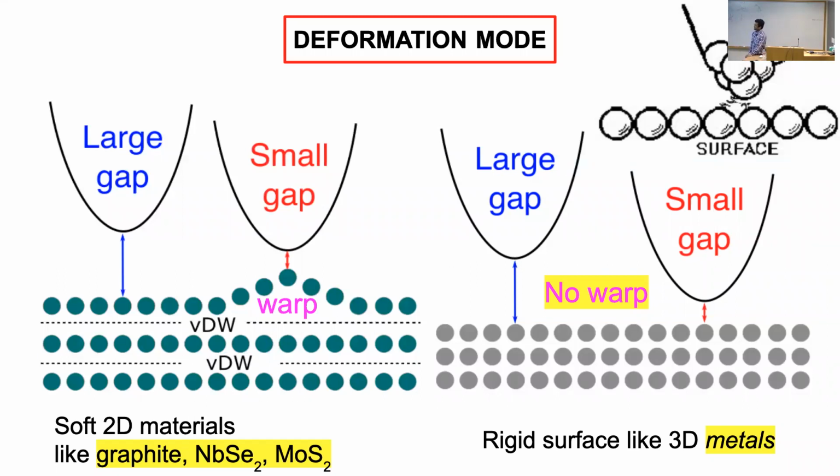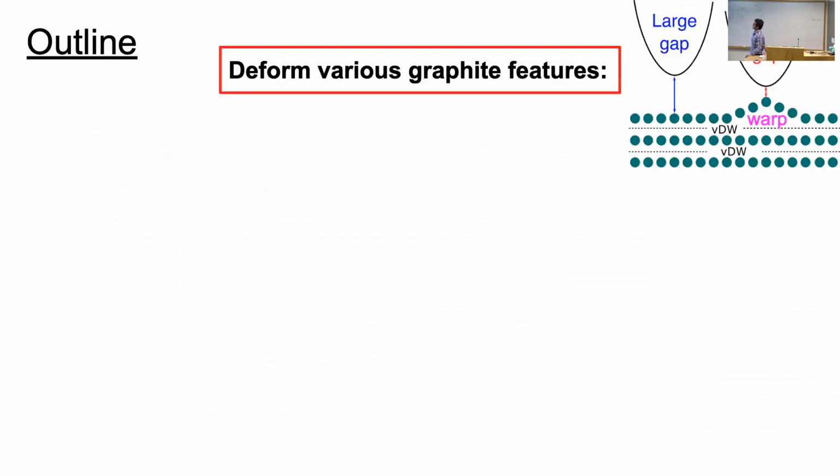For this series of experiments, I have chosen graphite as my material because graphite is single atomic layers weakly bonded on top of each other, in contrast to niobium diselenide, molybdenum disulfide and other 2D materials that are triatomic.